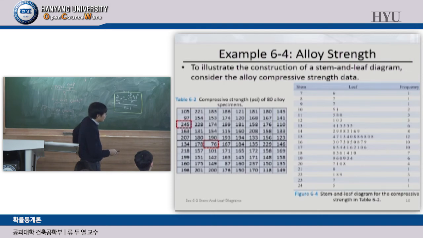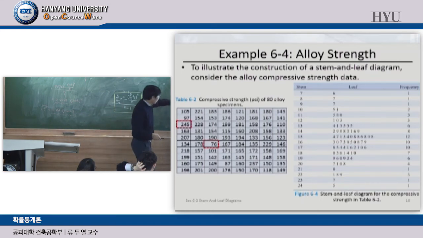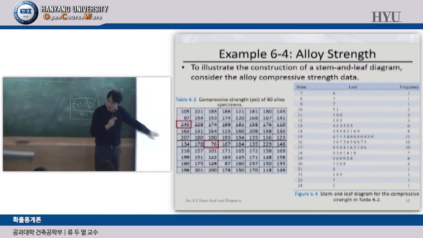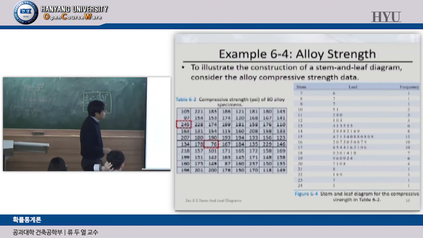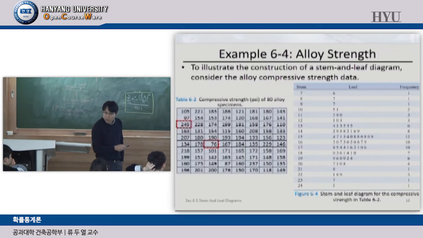For example, for 76, the remaining digit is 6, so the value of the leaf is 6. For the stem 10, we have only 2 values, 105 and 101, so the leaves are 5 and 1. We can apply the same procedure to all stems and leaves.